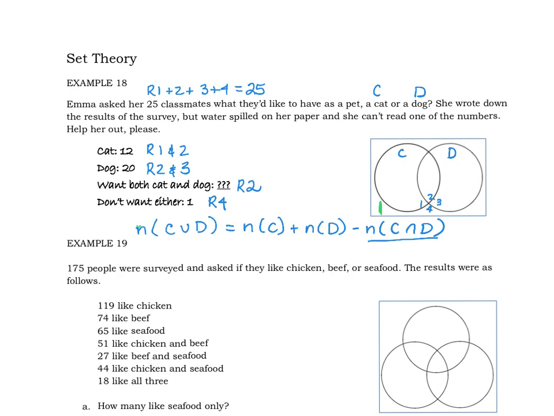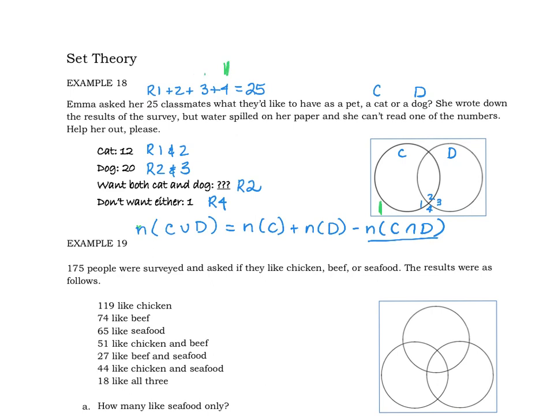So no doubt you're thinking, well, where in the world is the cardinality of the union of C and D? Well, remember, all of this together is 25. And we know that region 4 has a cardinality of 1.